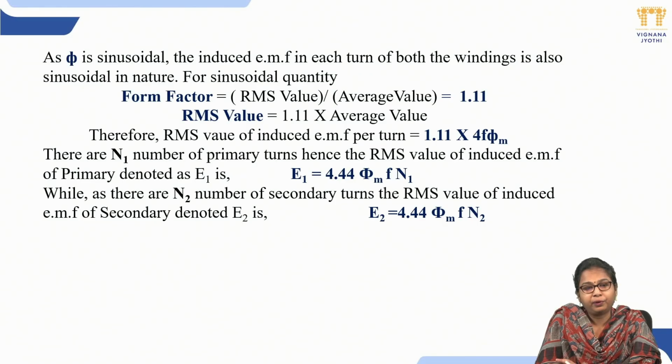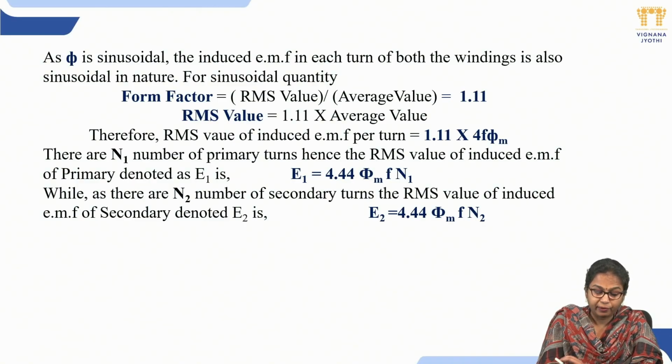As this flux is alternating and sinusoidal, the induced EMF in each turn of both the windings is also sinusoidal in nature, no doubt about that. For a sinusoidal quantity, the form factor of a pure sinusoid is 1.11. Here we will utilize that form factor to determine the RMS value of the primary and secondary induced EMF.